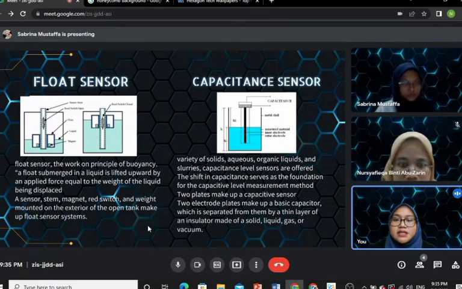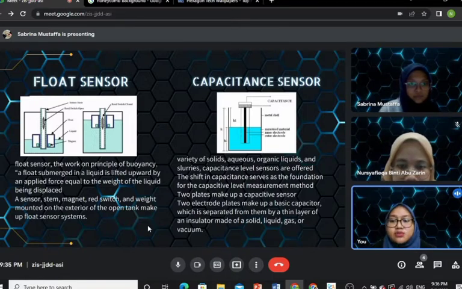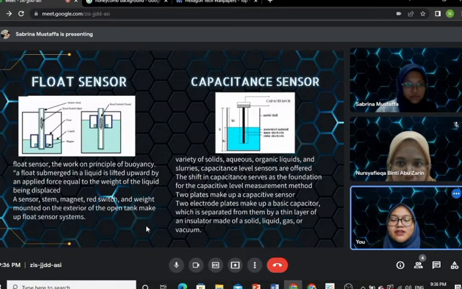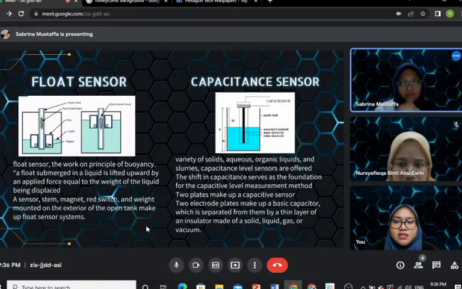A float submerged in a liquid is lifted upward by an applied force equal to the weight of the liquid being displaced. A sensor consists of a stem, magnet, reed switch, and wave mounted exterior of the open tank make up the float sensor system.